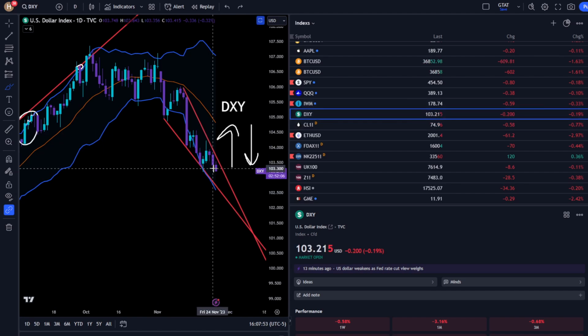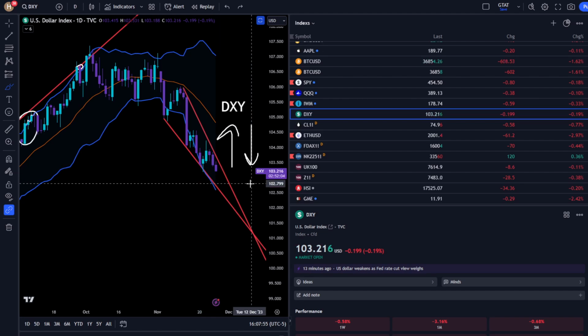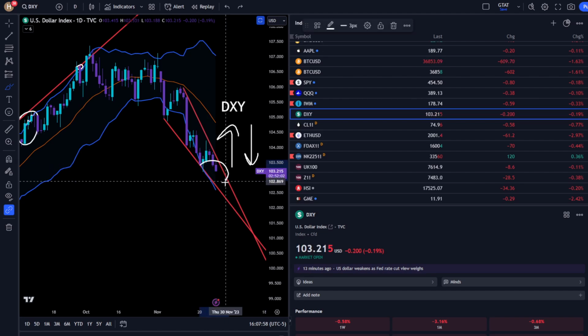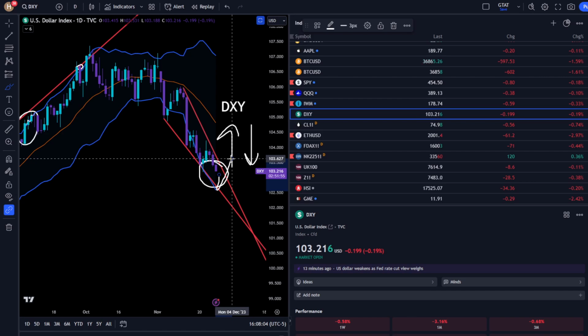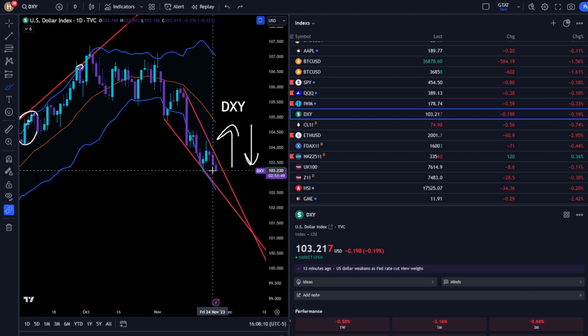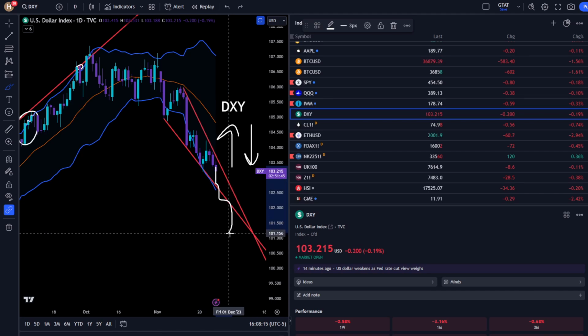So here's the thing: what usually ends up happening is when things look extremely, extremely bearish, that's when the market ends up getting a reversal because they don't want retail to be correct, right? So if they're painting a very, very bearish picture, I would be surprised if they continue it in that same direction.